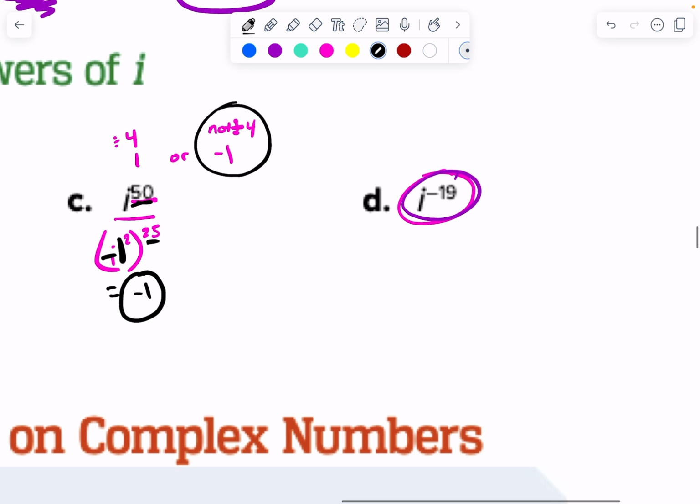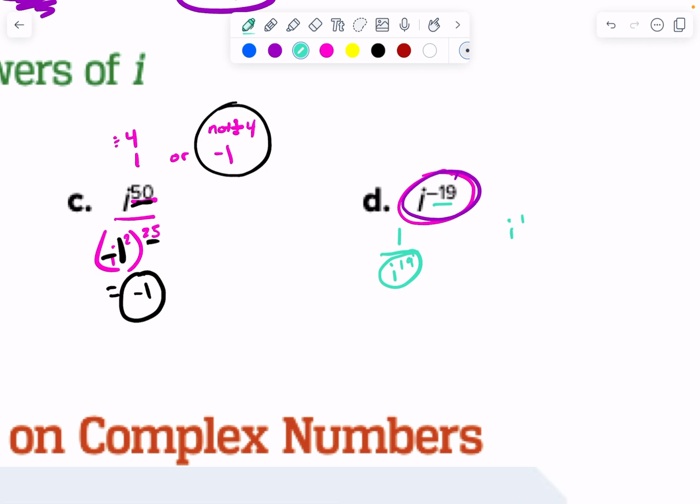Okay, now D. What the heck is that doing? Right? What about negative 19? Okay, don't let this confuse you. This will just be 1 over i to the 19th power, right? That's what the negative does. So let's just figure out what i to the 19th power is, and then just put it underneath a 1, right?